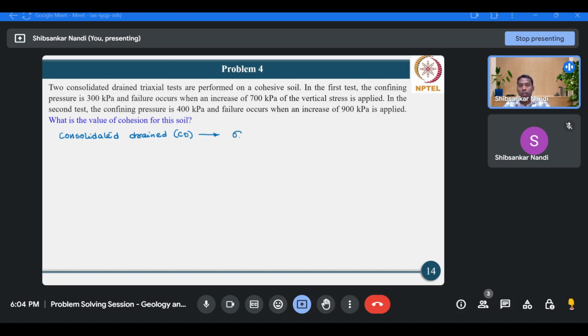So that's why there will be no excess pore water pressure developed inside the soil sample, and therefore your total and effective stresses would be equal. Now two conditions are talked about in this problem, that is CD1 and CD2.